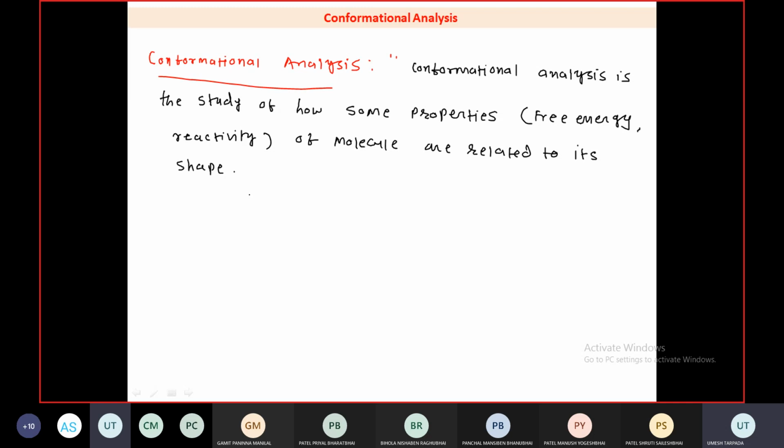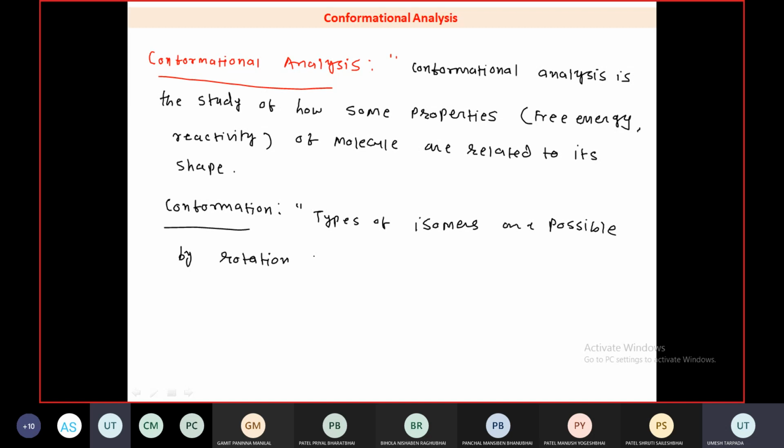Whenever you are looking at conformational analysis, you are always dealing with conformers. What is the meaning of conformation? Conformation is a type of isomer possible by rotation about a carbon-carbon single bond.